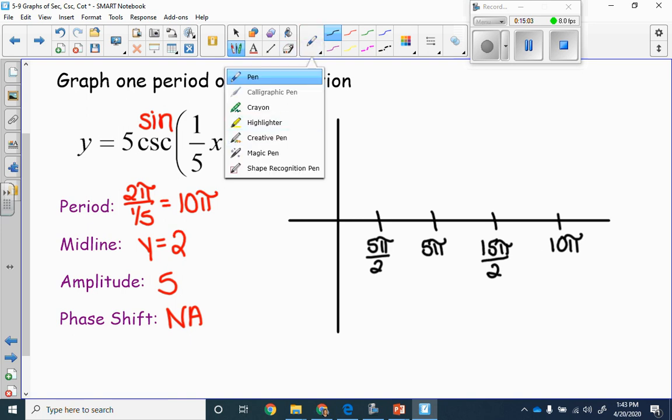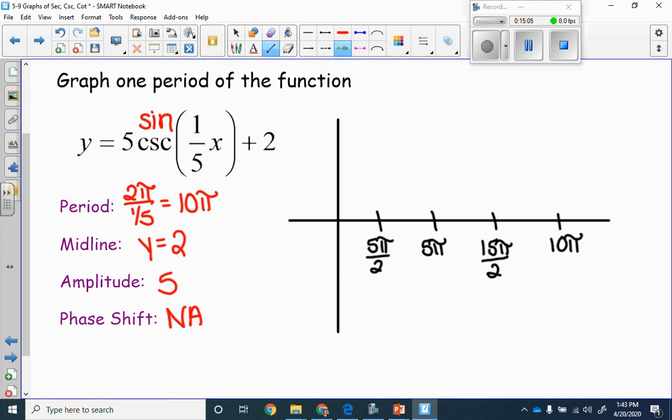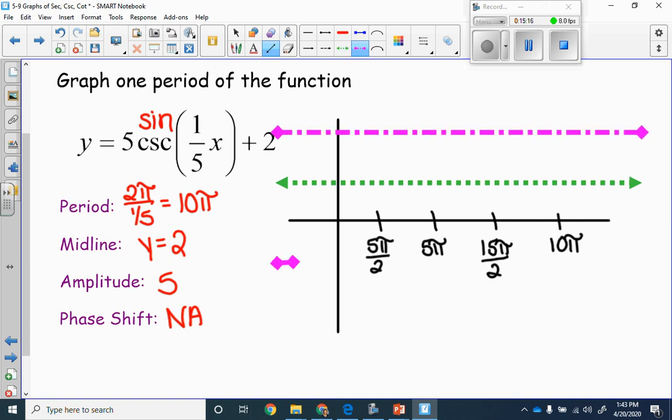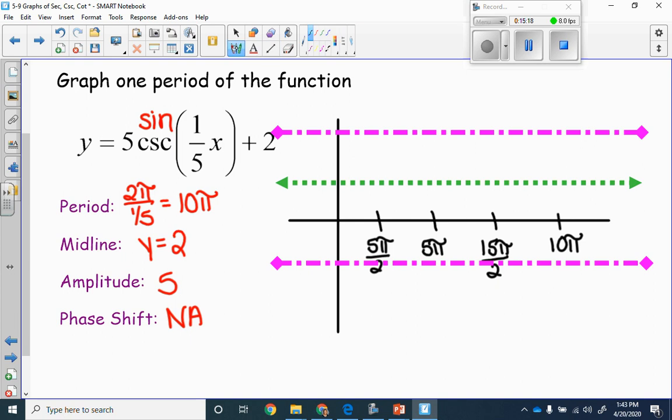Alright, then I know that I have a midline at positive 2. And I also know that I have an amplitude of positive 5. So just doing a little bit of labeling right here. This would be at positive 2. 5 units above that would put me at 7. 5 units below it would put me at negative 3.